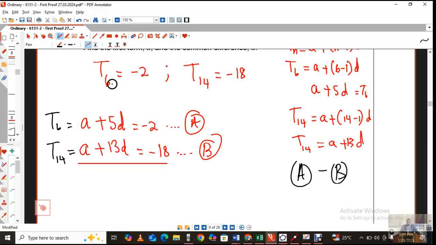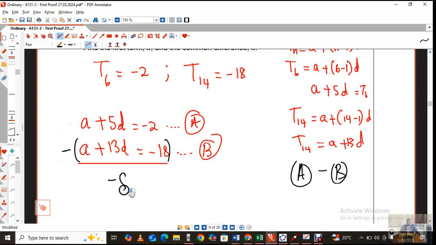So maybe I should just move this a little bit out of the way in order for you to understand what I'm doing here. I'm going to subtract equation B from equation A. The A's cancel, but 5 minus 13, very important that you see that.